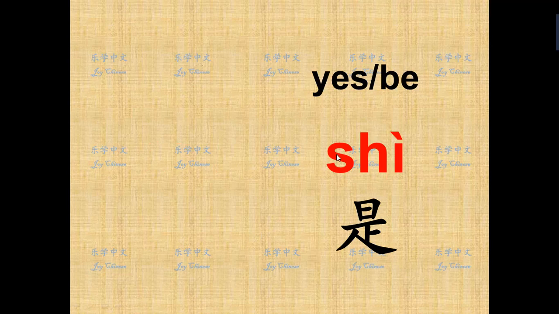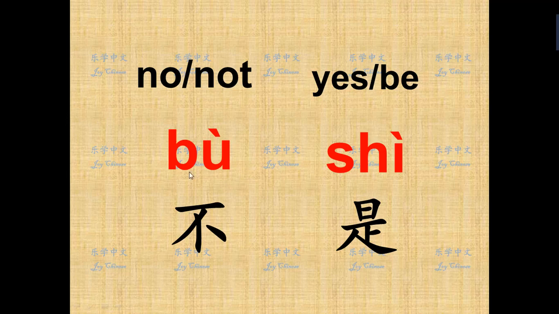Today we will learn 是, sh and i, so you make it very fast. 是, first tone. It means yes, be. We have learned another character, bu. If you combine these two together, it means not. Actually, bu itself means no, not.